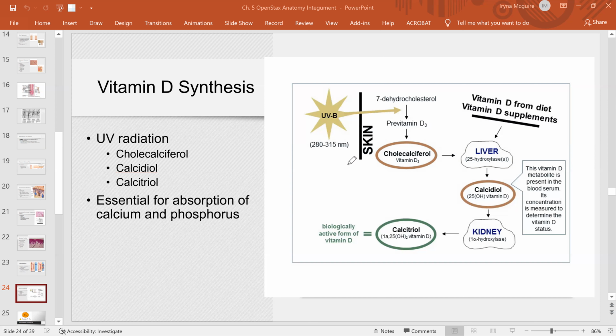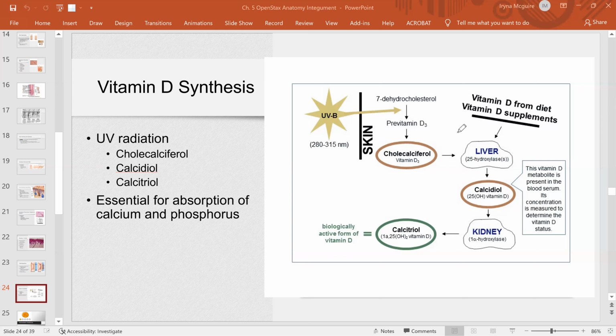Now, how do you synthesize it? Here's your skin, and in your skin, you synthesize pre-vitamin D. It's called cholecalciferol. Cholecalciferol is not the active form of vitamin D. You also get vitamin D supplements right from your diet.